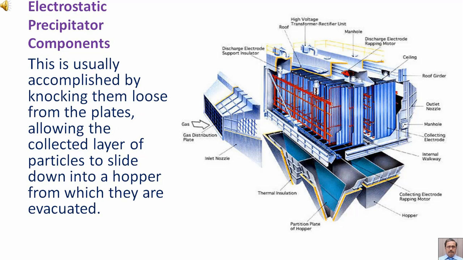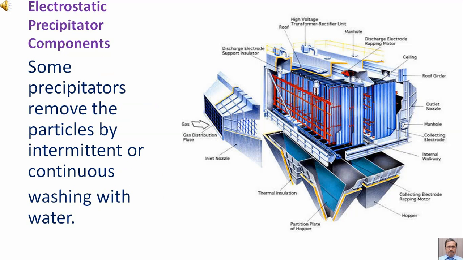This is usually accomplished by knocking them loose from the plates, allowing the collected layer of particles to slide down into a hopper from which they are evacuated. Some precipitators remove the particles by intermittent or continuous washing with water.